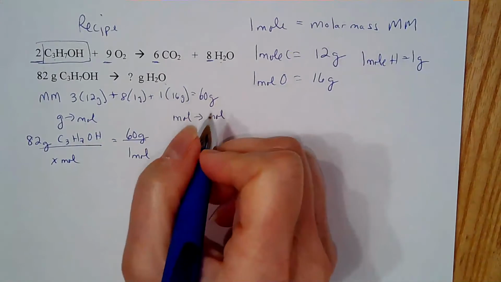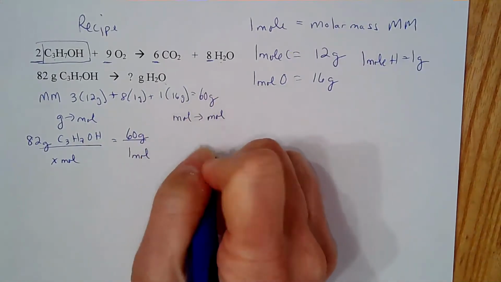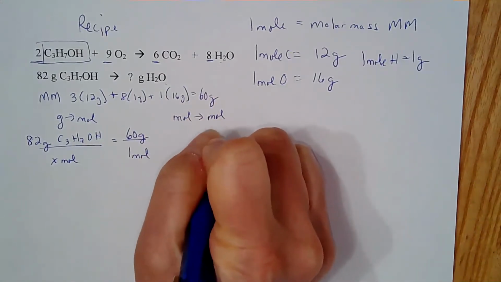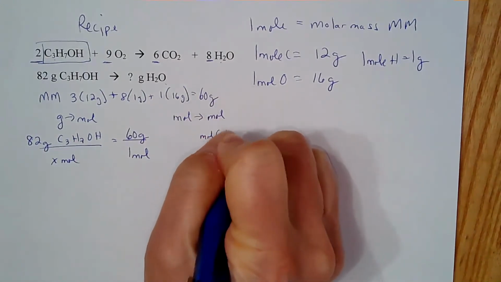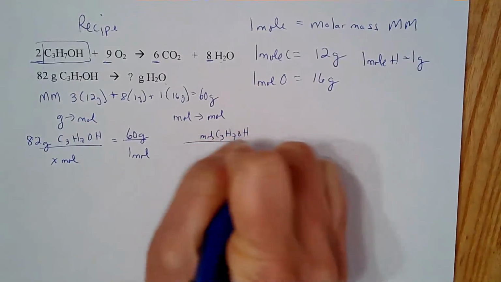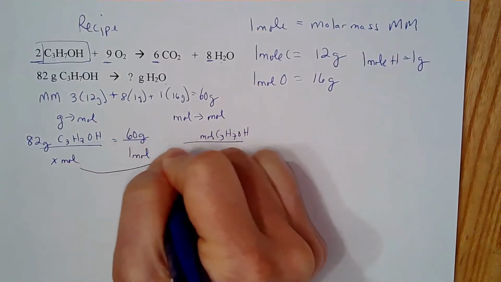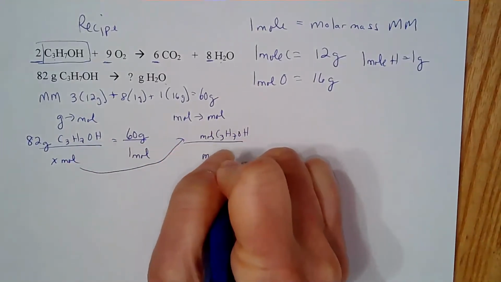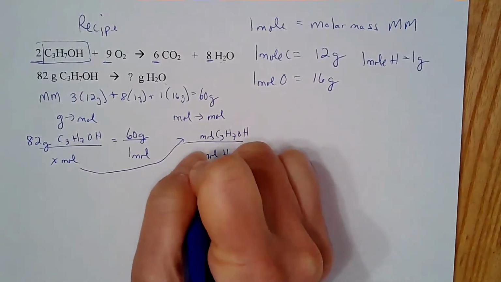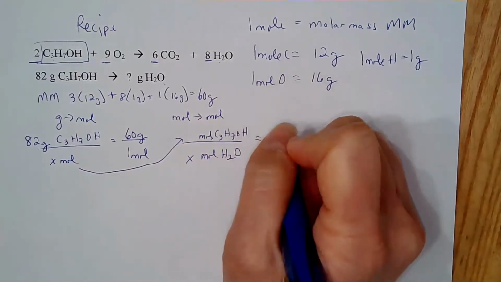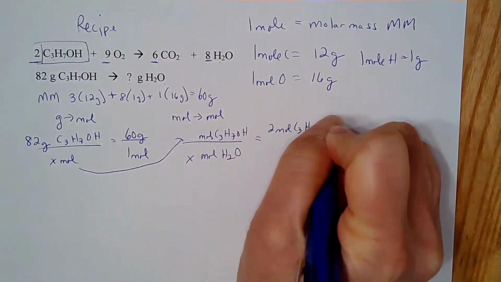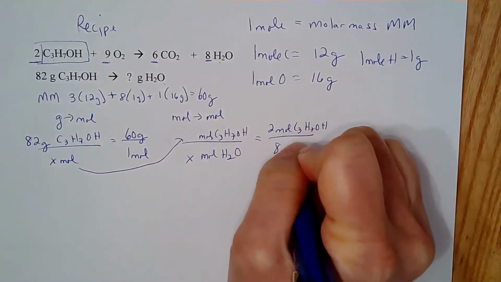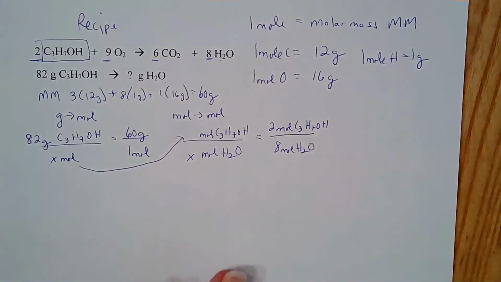So once I get the number of moles of C3H7OH, that is the X that I got here. How many moles of water will that be? Okay, so I know that for every 2 moles of C3H7OH, I get 8 moles of water.